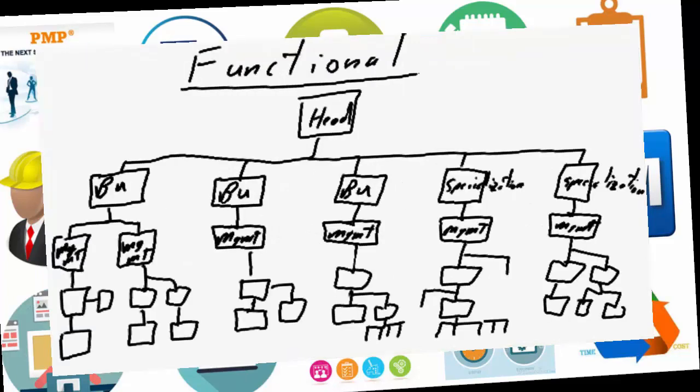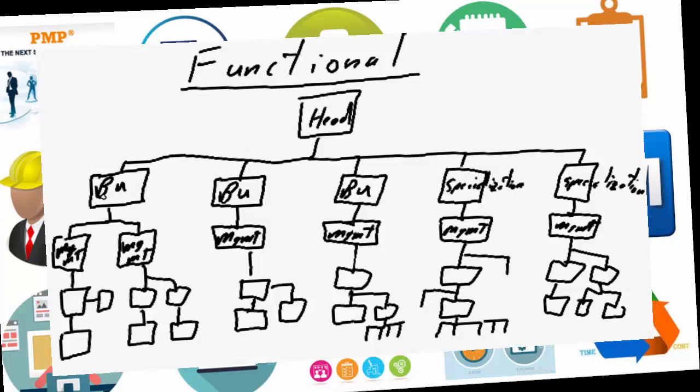A functional organization is very much a traditional organizational structure, where you have your business head, your CEO, your president, whatever the main functional ownership for the company is going to be. And then that will break down into a number of business units. So we have business unit 1, 2, 3, 4. There may also be specific specializations.